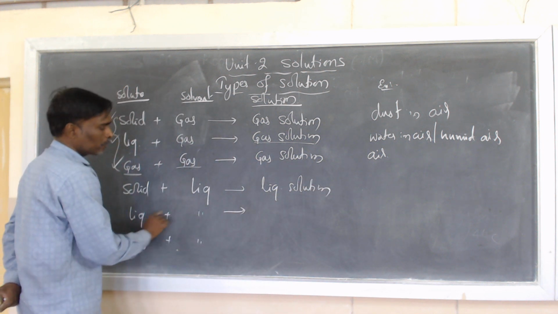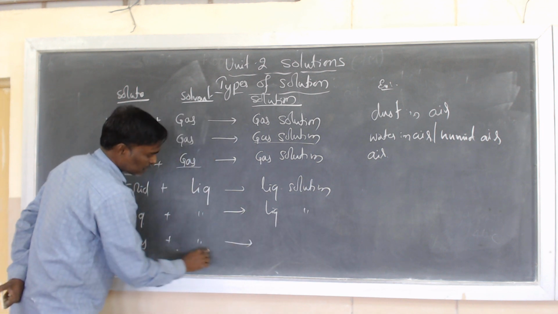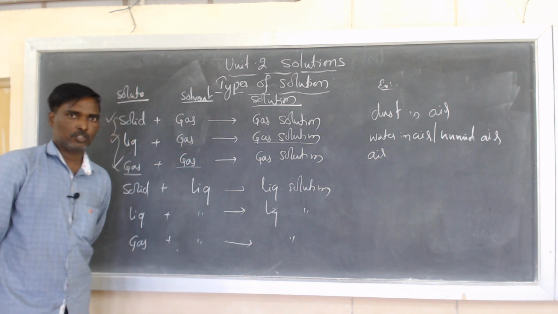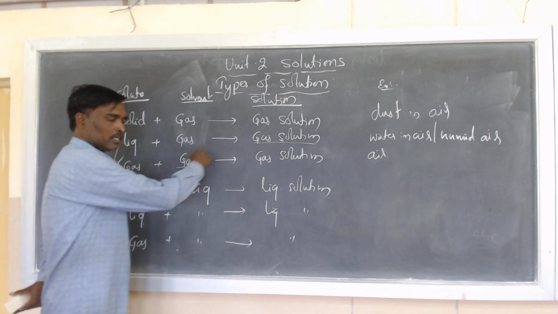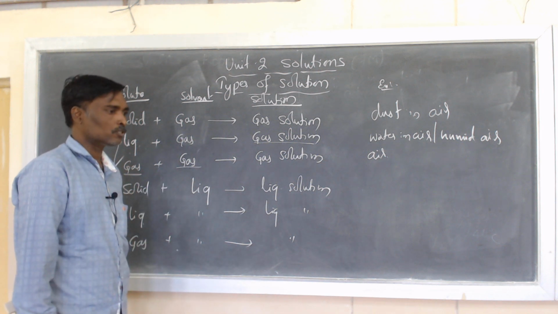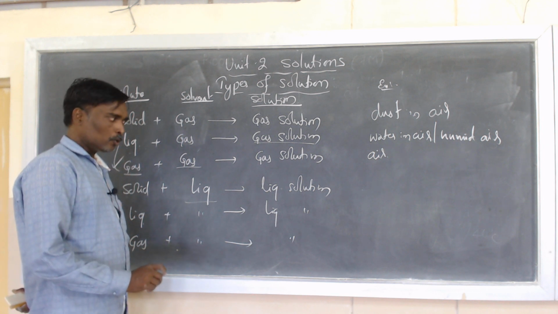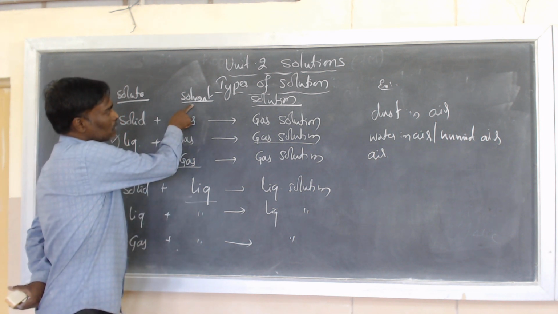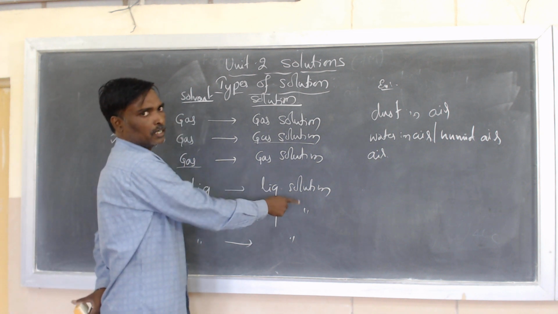Similarly, liquid in liquid also forms a liquid solution, and gas in liquid also forms a liquid solution. All of these form liquid solutions, because the type of solution mainly depends on the state of the solvent. If the solvent is in the liquid state, then we call it a liquid solution.